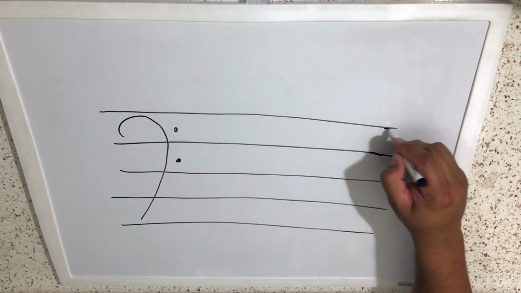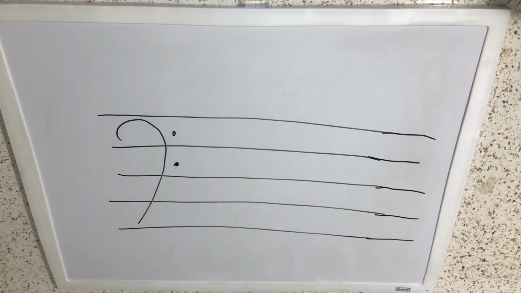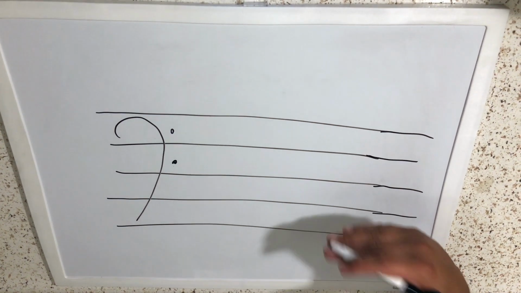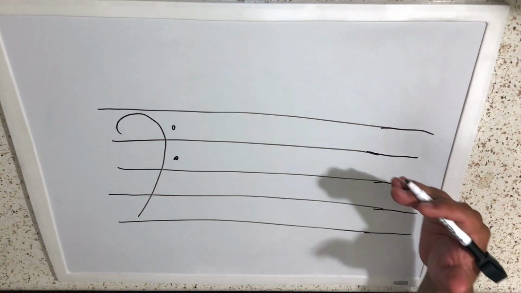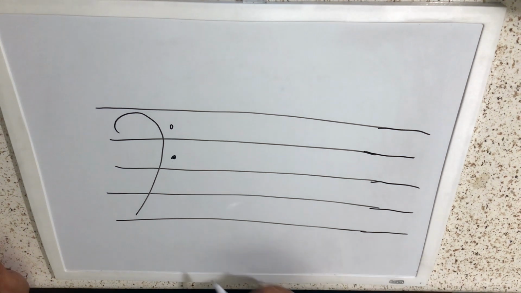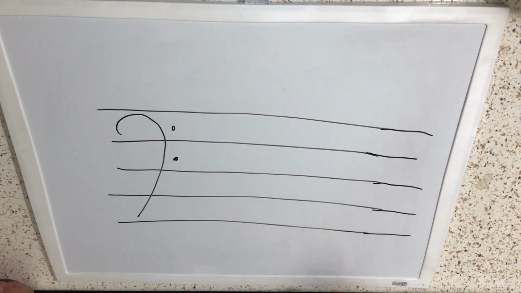For somebody who's completely beginning in music, I find it important that you understand what each line and each space is. We start with the first line on a bass clef because we're bass players.